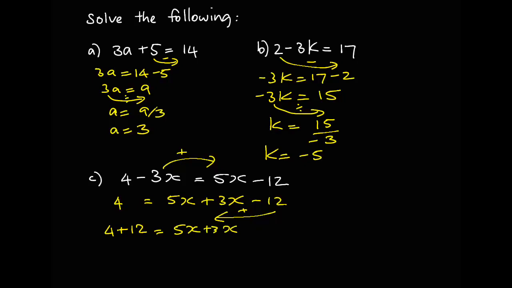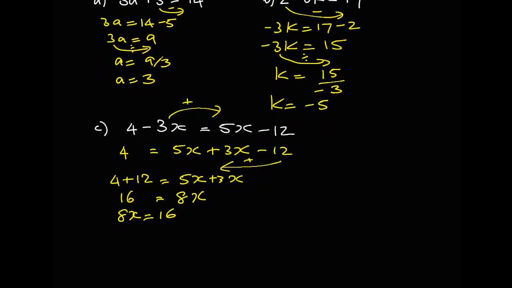So now we can sum the like for like. So we've got 4 plus 12 is 16 is equal to 5x plus 3x equals 8x. Same as saying 8x equals 16. Now bringing the 8x to divide, we're left with x equals 16 divided by 8, which gives us x equals 2.